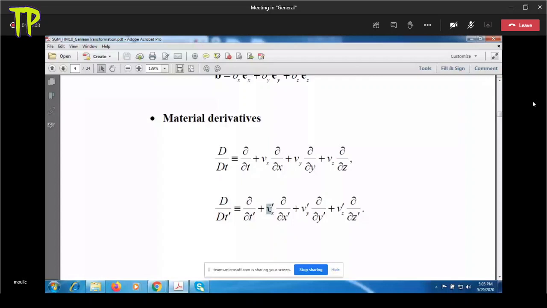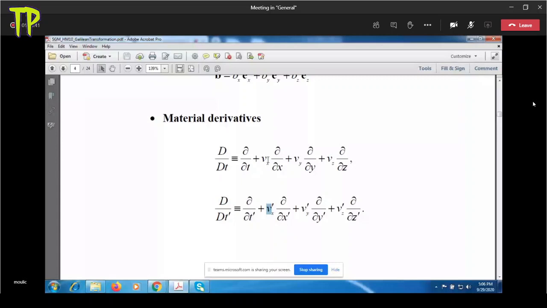So if I add del del t plus Vx del del x prime, this sum of the first two will be equal to the sum of these two. I'll leave it as an exercise, but when I frame the question, it will become obvious. So del del t is not the same as del del t prime, and Vx del del x is not the same as Vx prime del del x prime. But the sum is.